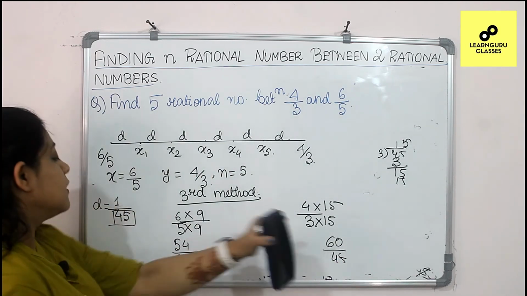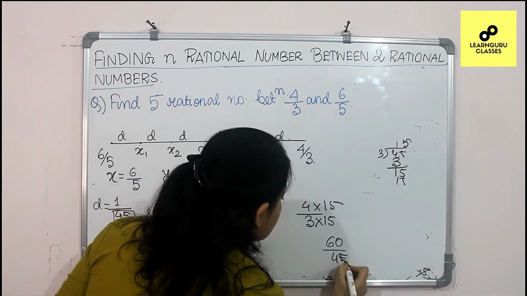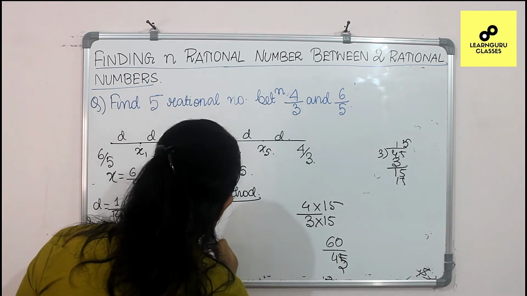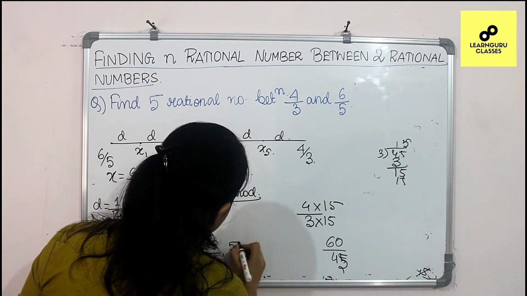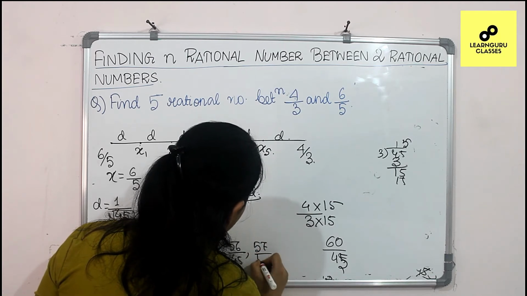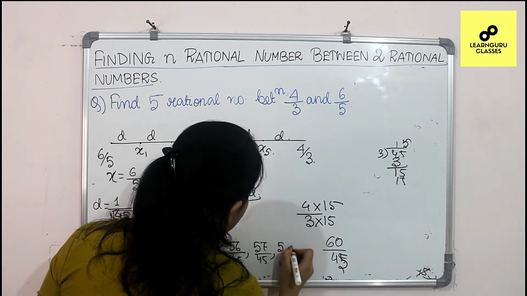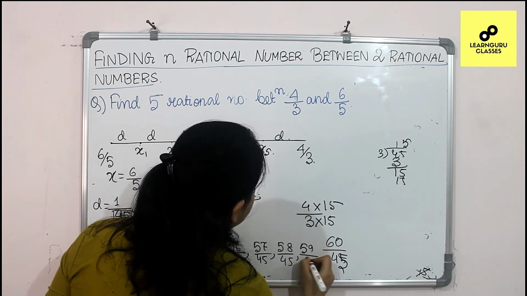Now we will write the numbers between 54 by 45 and 60 by 45. So you will be getting 55 by 45, 56 by 45, 57 by 45, 58 by 45 and 59 by 45.